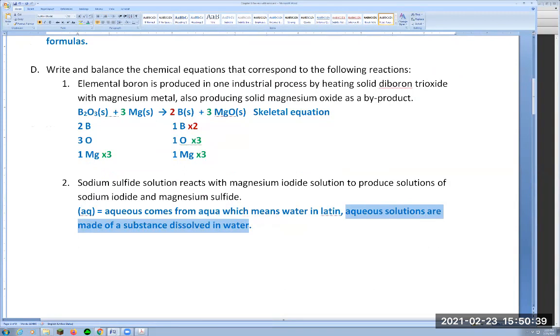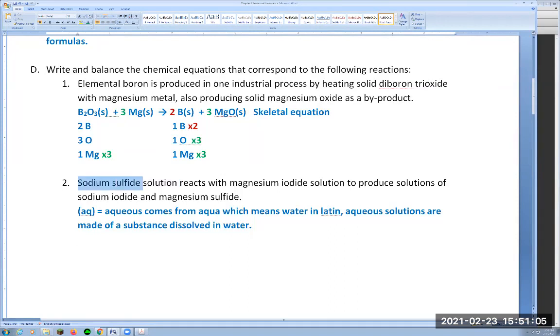So this is important to recognize: whenever we talk about a solution, when the solvent is not specified, it refers to an aqueous solution, so made of water, with the substance dissolved in it. So here, sodium sulfide solution means you have sodium sulfide dissolved in water, and so the physical state will be aq for this one.